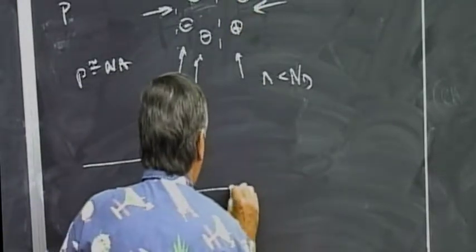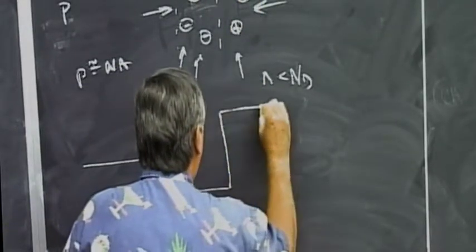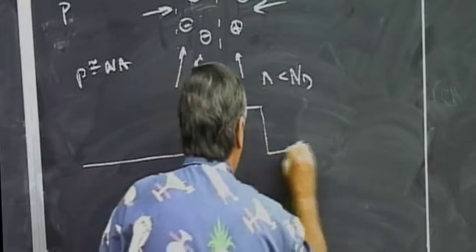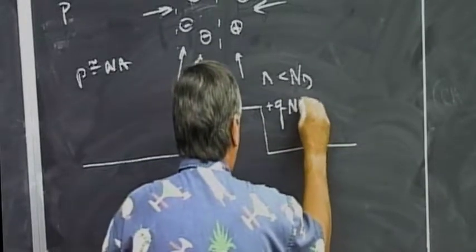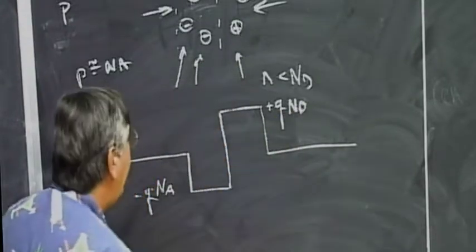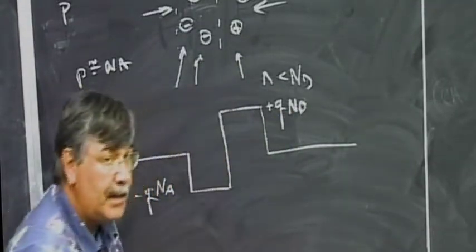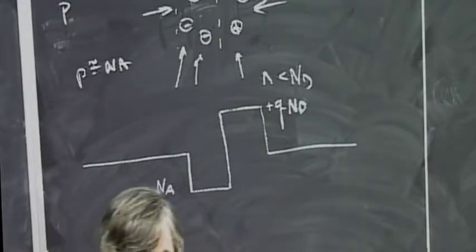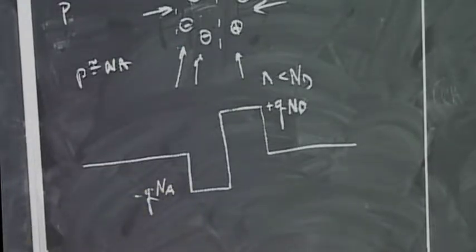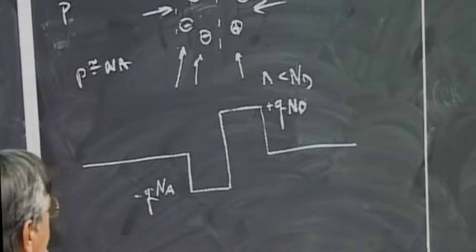And over here, I have positive charge, and this is plus Q times the donor concentration. I'm assuming they're constant, and that this is the shape that they take on, and that turns out to be a pretty good approximation, which is good because it's nice and easy. We can figure out how it works pretty easily.